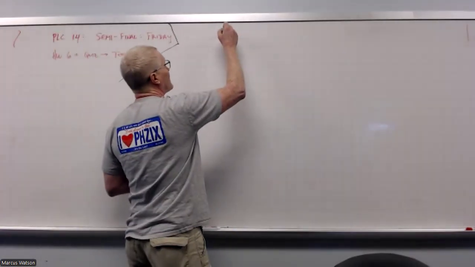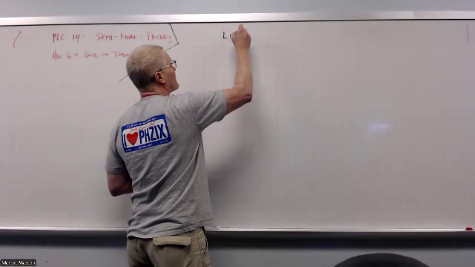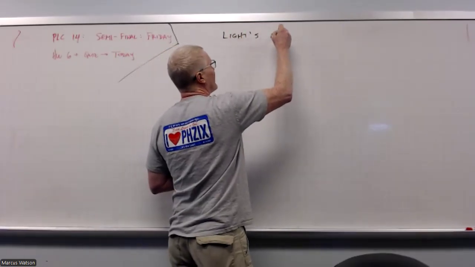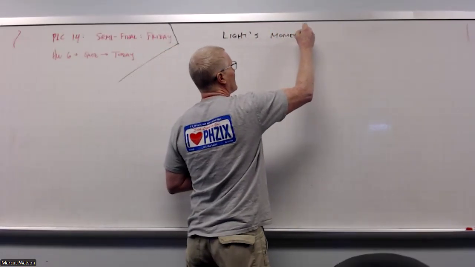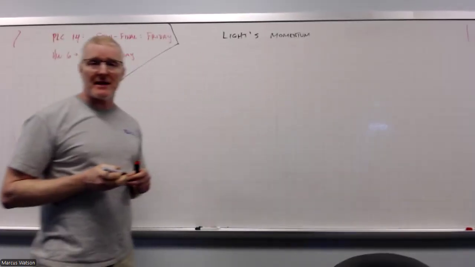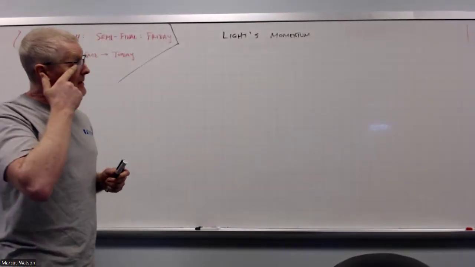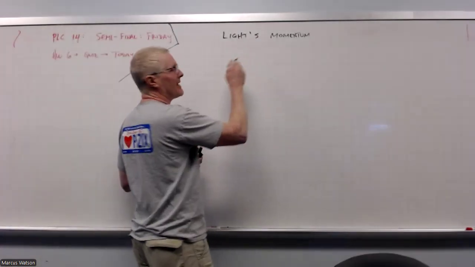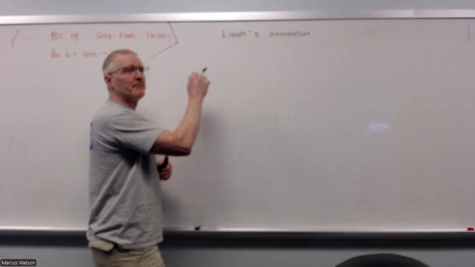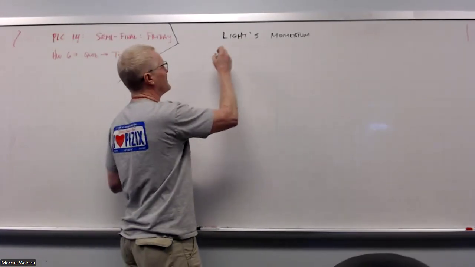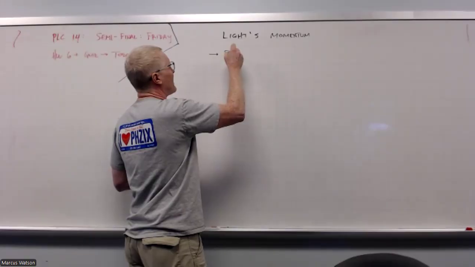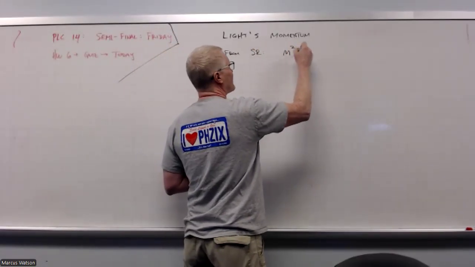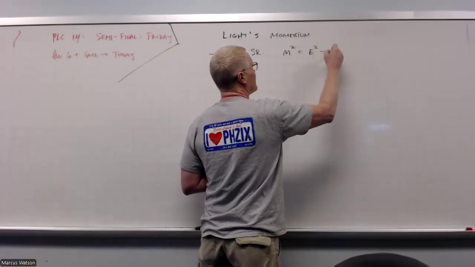So we talked a little bit about some of the relationships and how to calculate things like the momentum for light. We've talked about the momentum of light and the energy of light. And if you look back at special relativity, you'd see that the mass squared was E squared minus P squared.